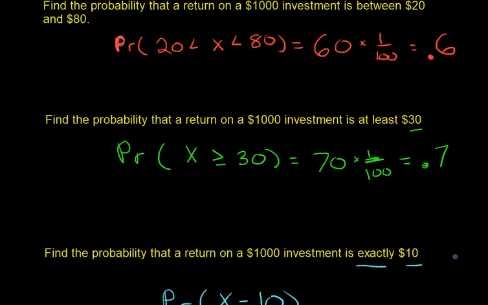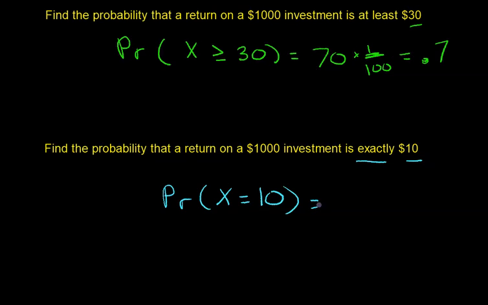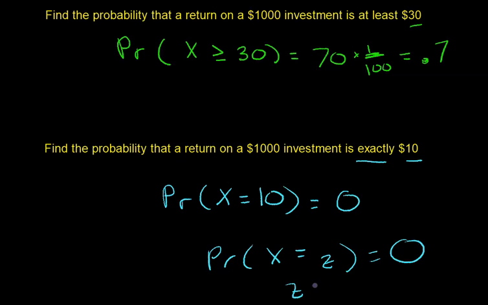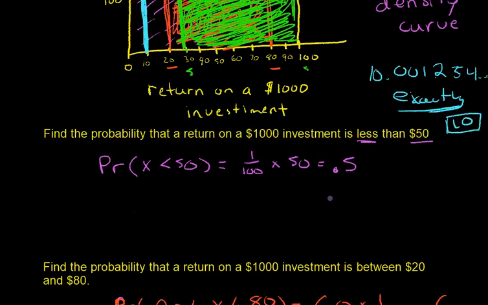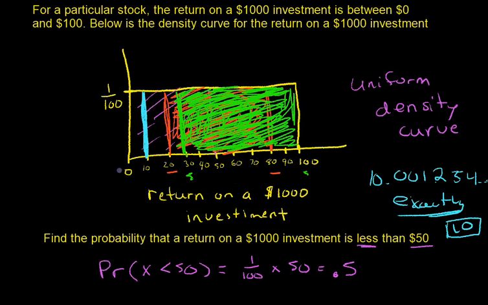It doesn't matter whether I say X equals 10 or any other value, the probability is 0. Theoretically, it's not going to be exactly 10 based off of this probability distribution function. And that is the case for all continuous random variables.